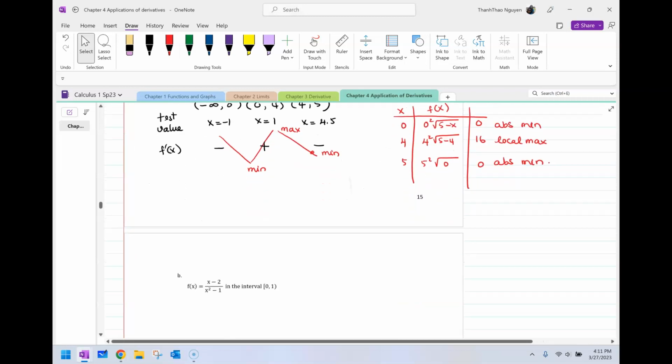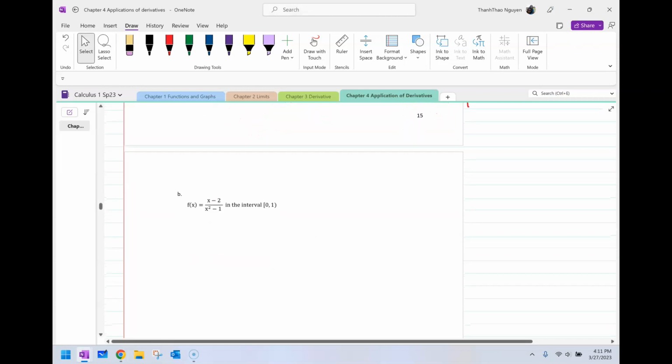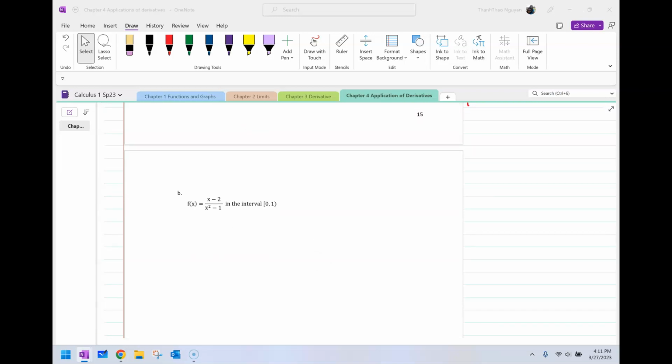Let's take a look at our next problem. f(x) equal to negative 2x minus 2 divided by x squared minus 1 on the interval from 0 to 1.